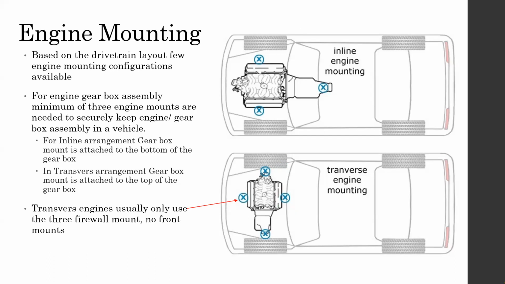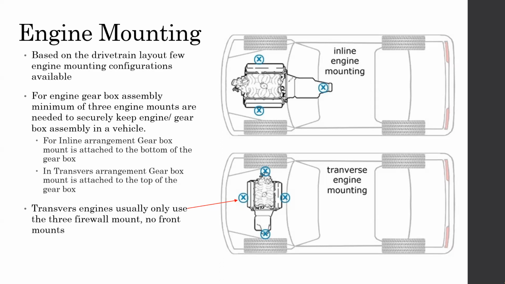So if it is a transverse engine, it's from the front of the engine and 1 from either side of the engine. If it is an inline mounted engine, there will be 2 from either side of the engine. Okay, that's how usually engine mounts are there. But as you can see, they are not always in the middle.